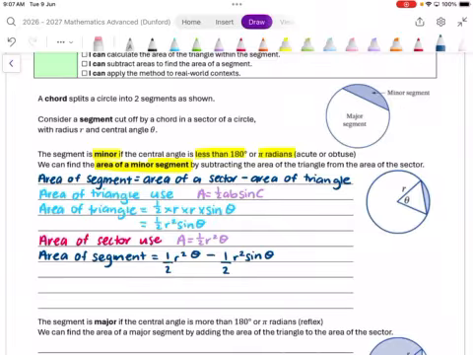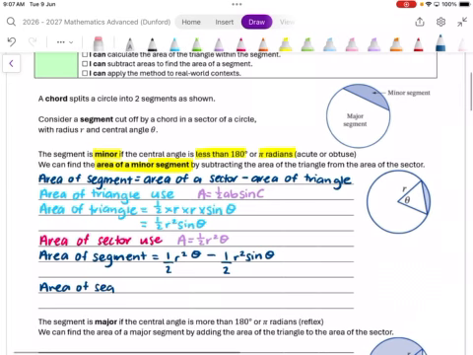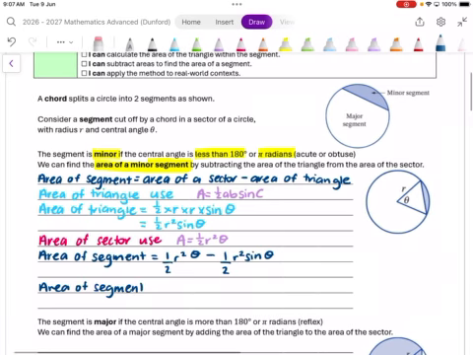Now, what we get with our area of a segment formula is we can see that both terms, a half r squared theta and our second term, a half r squared sine theta, have the common factor of a half r squared.